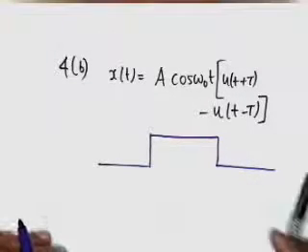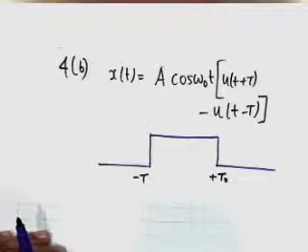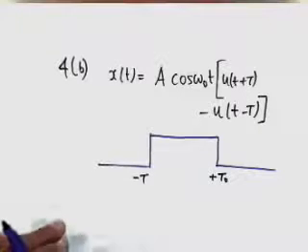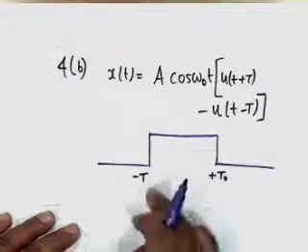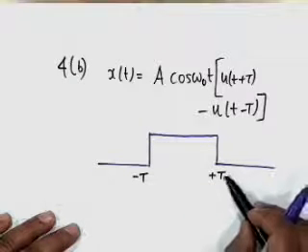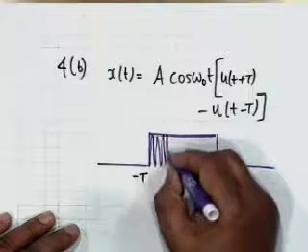This is the kind of function that is used in a pulsed radar, a function which is a cosine wave passing through a gate from minus capital T to plus capital T, and it is a cosinusoidal function like this.